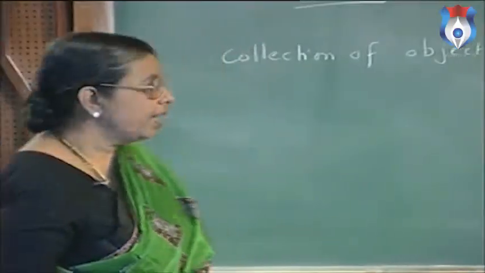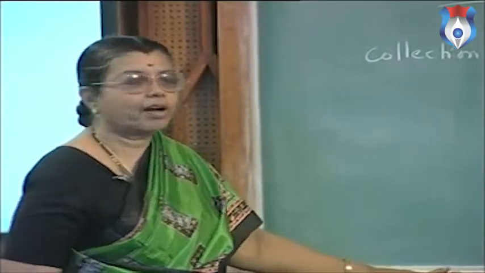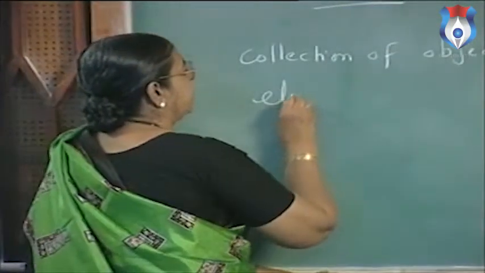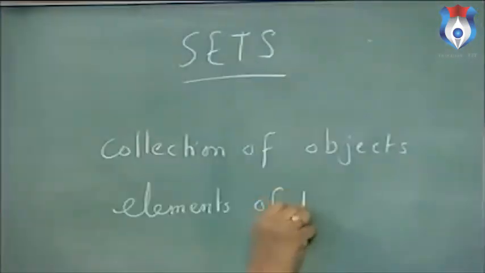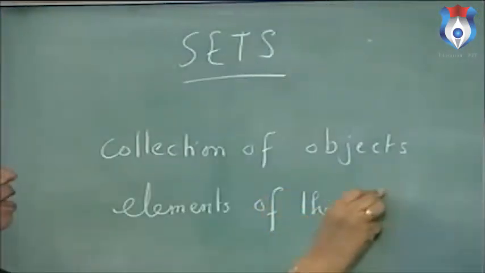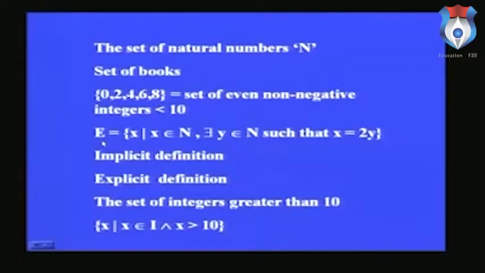What is a set? A set is a collection of objects, and the objects themselves are called elements of the set. For example, you can have the set of natural numbers N, or the set of books, or the set of even non-negative integers less than 10, which is denoted like this.